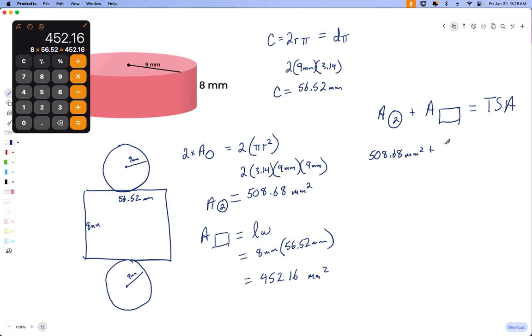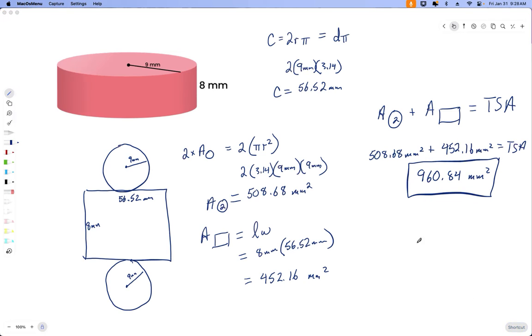Area of the rectangle is 452.16 millimeters squared. That's going to be our total surface area. So we add that plus 508.68. We get 960.84 millimeters squared. That should be your answer.